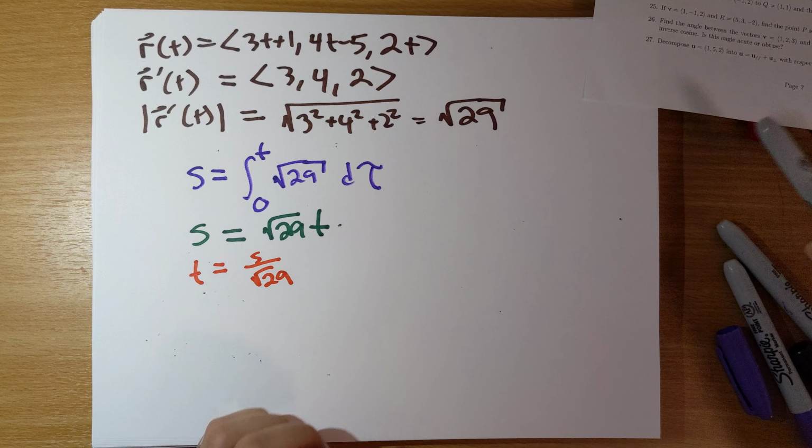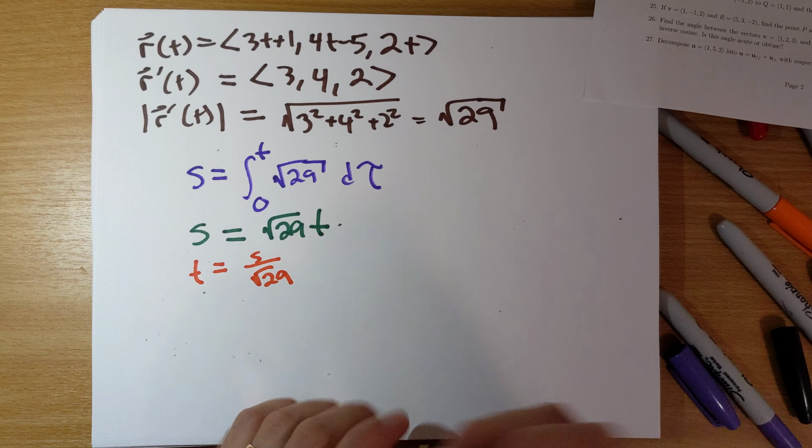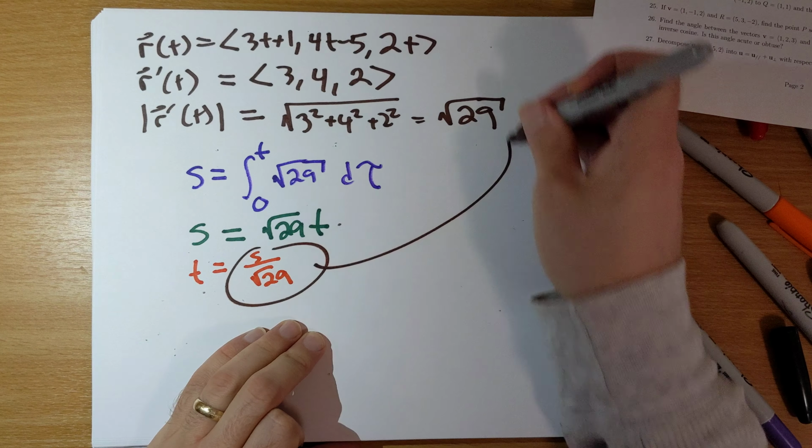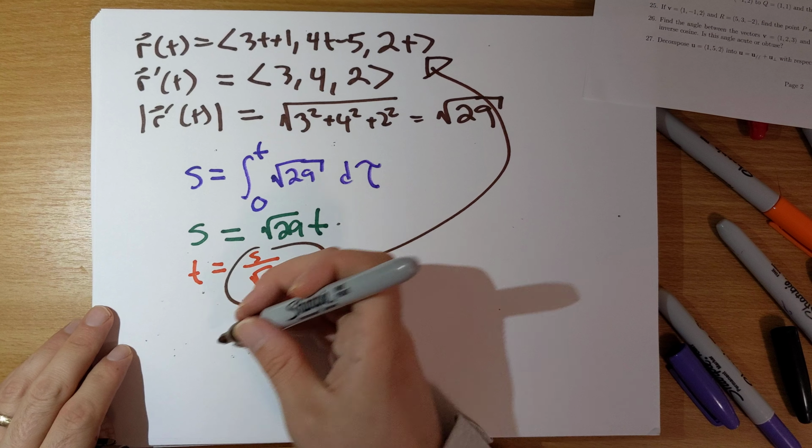And so to find our arc length parametrization, what we do is that we take this and we substitute in t is s over square root 29 here.